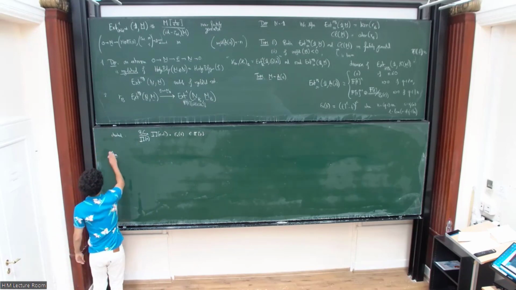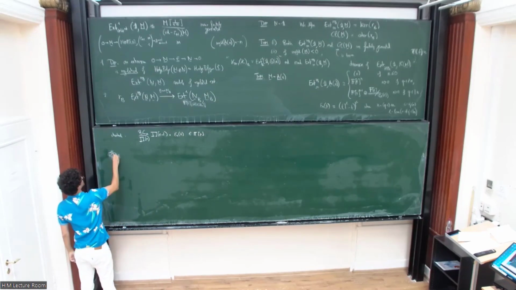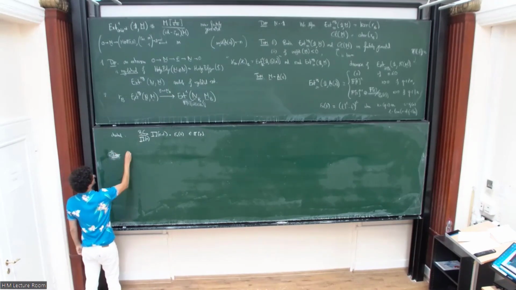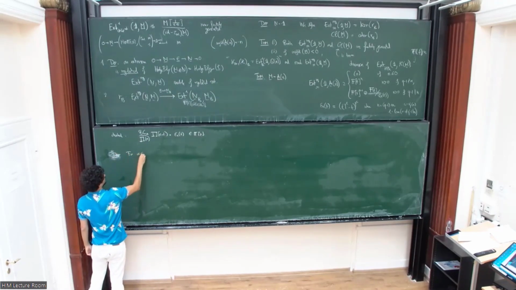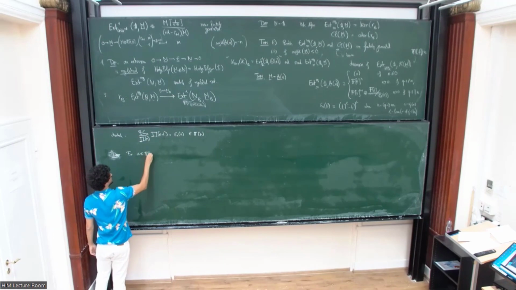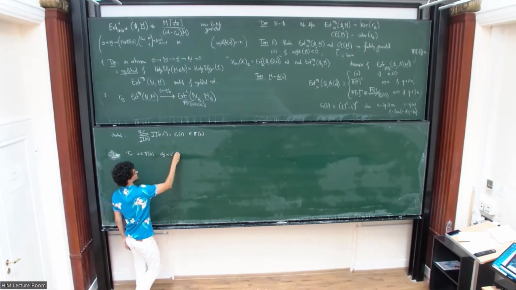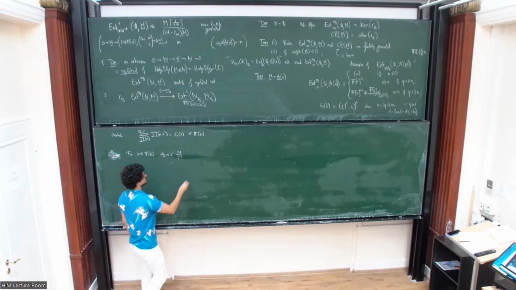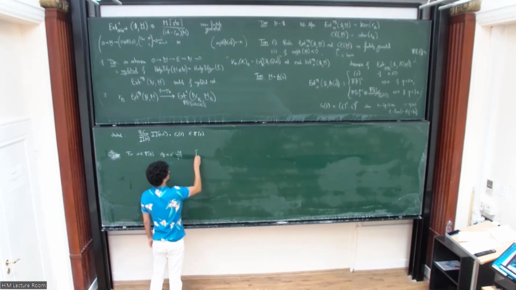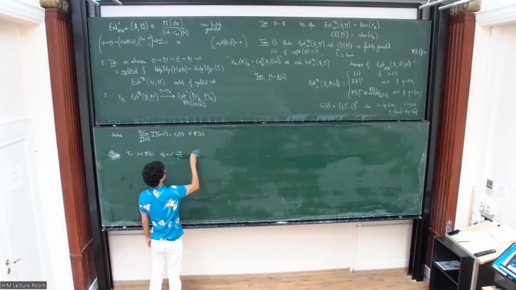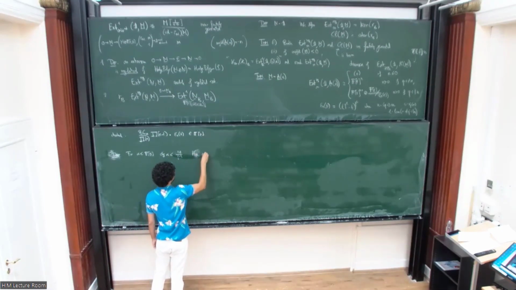Let me just define first: for alpha in F_q[theta], with degree of alpha smaller than nq over q minus 1, we define the polylog class of alpha.